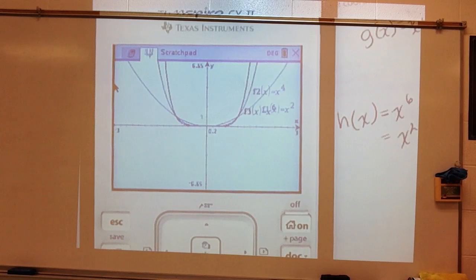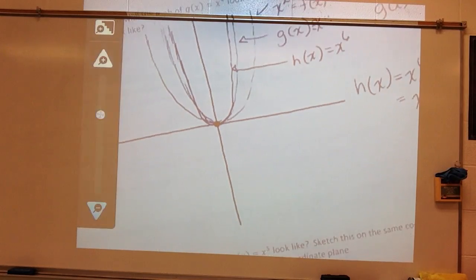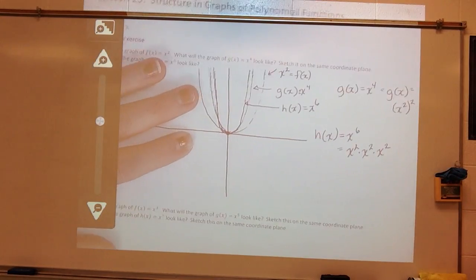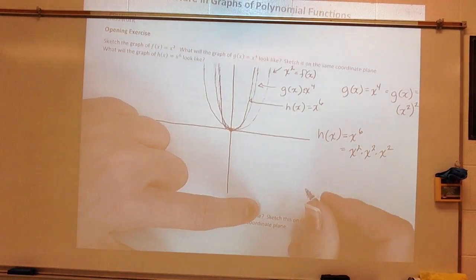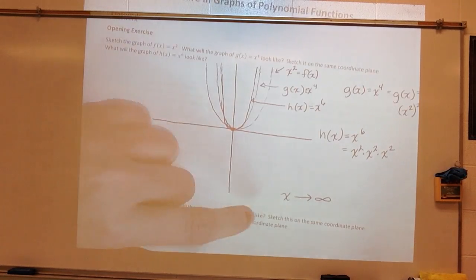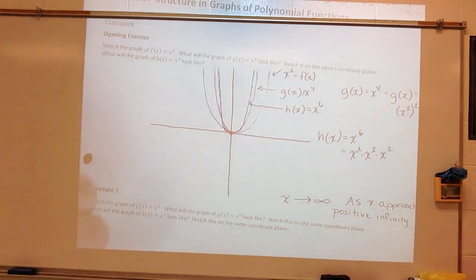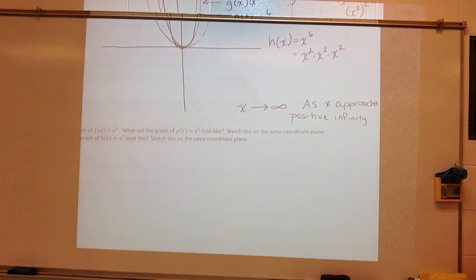So we have a phrase, and I have to be really careful about how I introduce this to you because I don't want you to be confused. But we have a phrase that looks like this. The phrase is said to read like this: as x approaches positive infinity, or I could say as x approaches negative infinity.